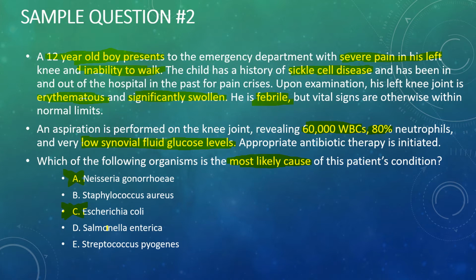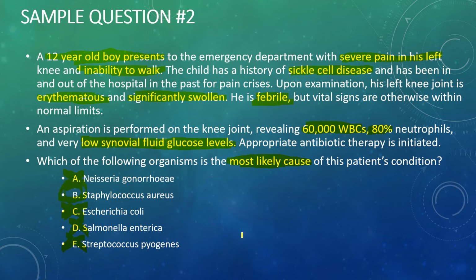So in osteomyelitis, Salmonella is the most common cause in sickle cell disease patients. However, in septic arthritis, Salmonella is not the most common cause. It's only the most common cause in sickle cell osteomyelitis. So Staph aureus is much more common for septic arthritis than Salmonella. And Strep pyogenes is not a very common cause of septic arthritis. It's not as common as Staph aureus, and that is our answer.